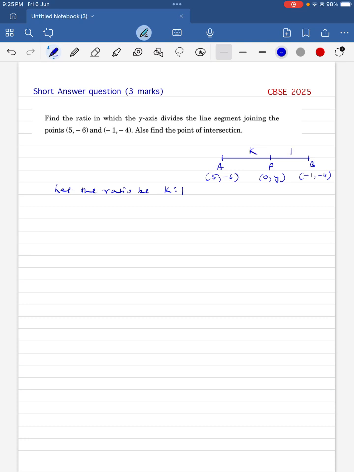Okay, now we can find the coordinates of P using something called the section formula. Now, what is the section formula?